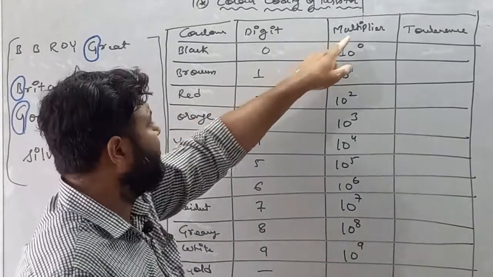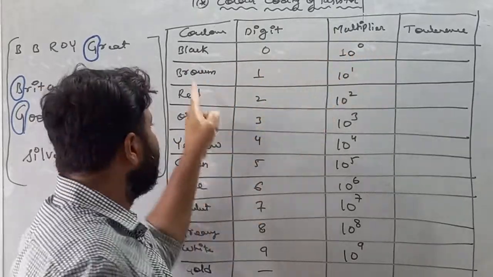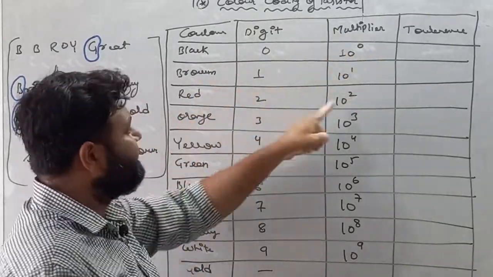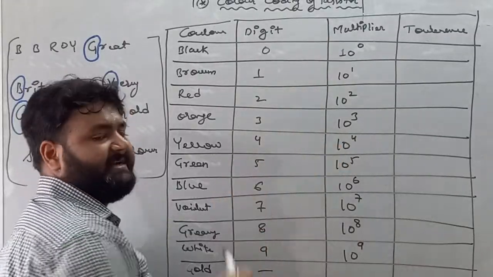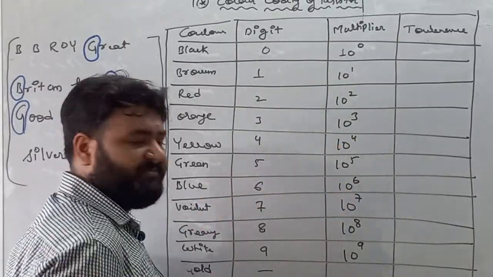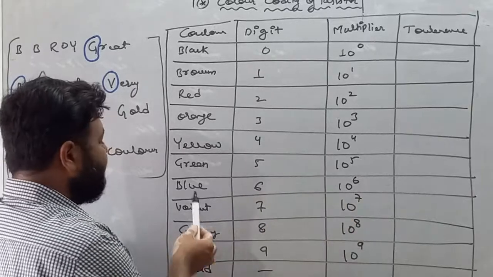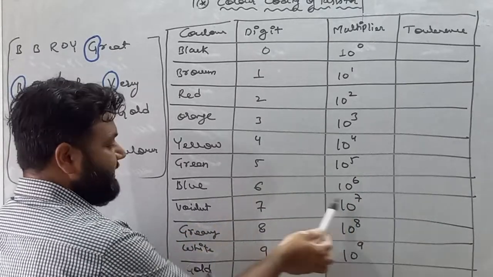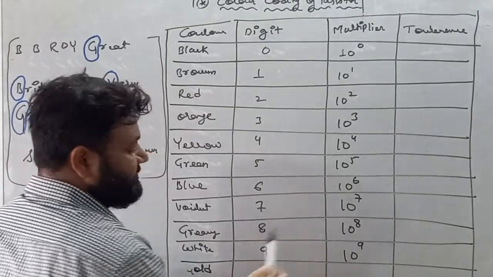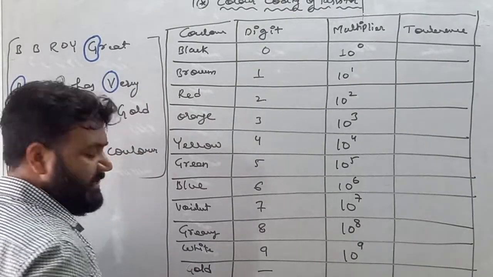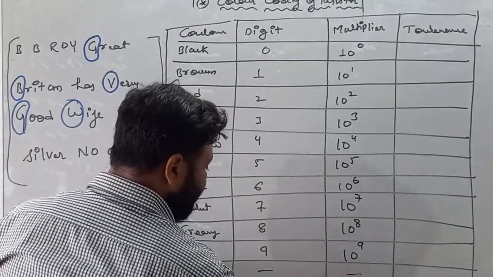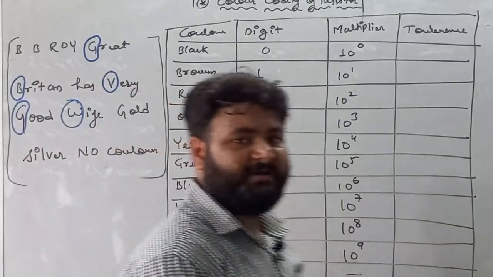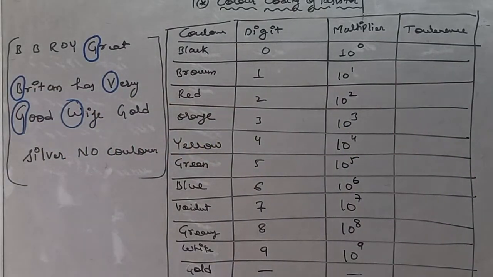Means the multiplier of black is 10^0, brown is 10^1, red is 10^2, orange 10^3, yellow 10^4, green 10^5, blue 10^6, violet 10^7, grey 10^8, white 10^9. Gold, silver and no color carry no multiplier, my dear students.